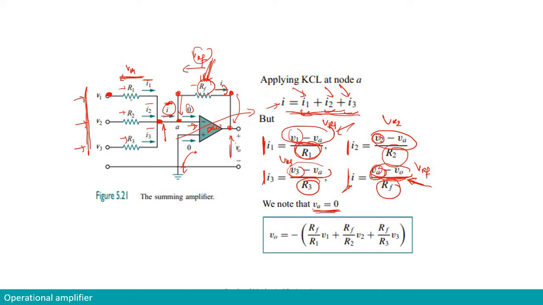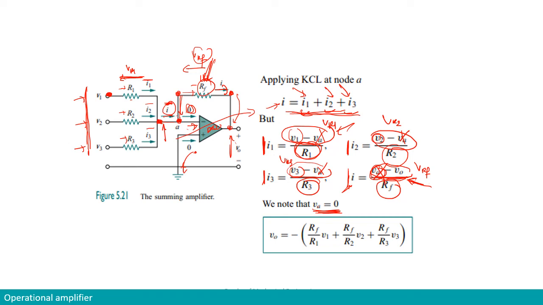Because there is no current that goes into the operational amplifier, so all the current that comes from I goes to the feedback resistance. There is no component in the middle, so the voltage at A is just 0. There is no voltage at all at point A. So when VA equals 0, we simplify the equation largely.